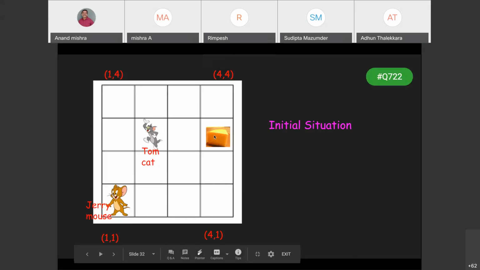The task is to send Jerry to eat the cheese, but he should escape from Tom. Let's say Tom is at this particular position and not moving, but Jerry can move, and it should not collide with Tom, otherwise Tom will eat Jerry. So this is the setting.